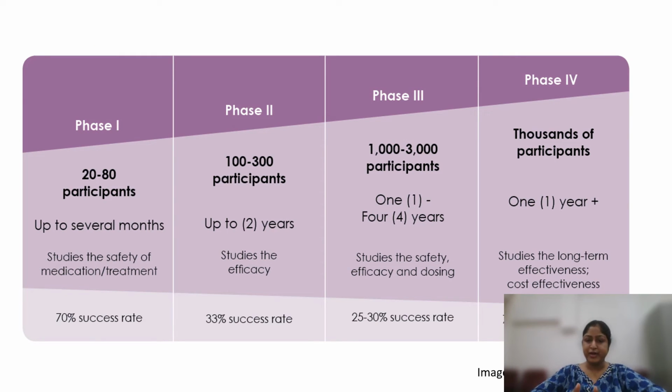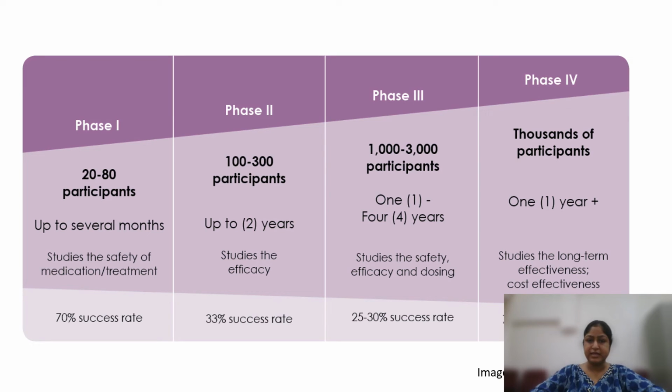Now clinical trials are done in 4 phases. In phase 1, there are 20 to 80 participants. It goes on up to several months and studies the safety of the medication or treatment. In phase 2, there would be 100 to 300 participants, and it studies the efficacy of the intervention.